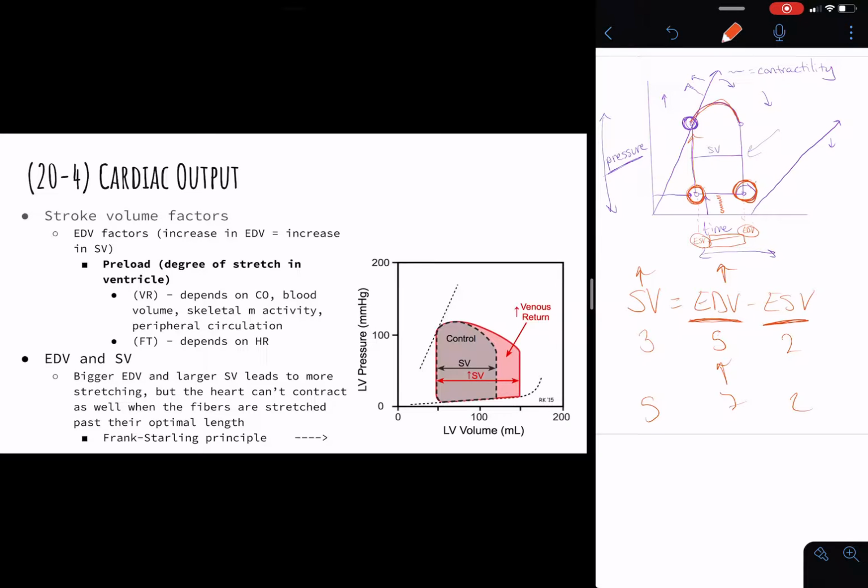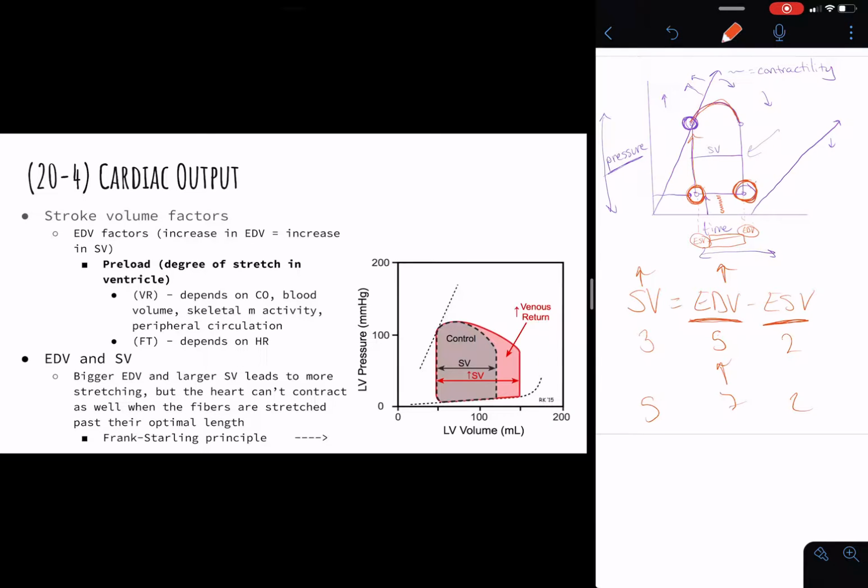The bigger the EDV and the larger the stroke volume, this is going to lead to even more stretching. But over a period of time, the heart can't do this in the long term, right? It can do it in the short term, like if you're running a marathon or you're doing a workout or you're on a walk or a run. In the short term, we can handle this extra amount of blood coming into the heart and push it out. But in the long term, this just isn't sustainable and the muscle cells can't adapt to that.